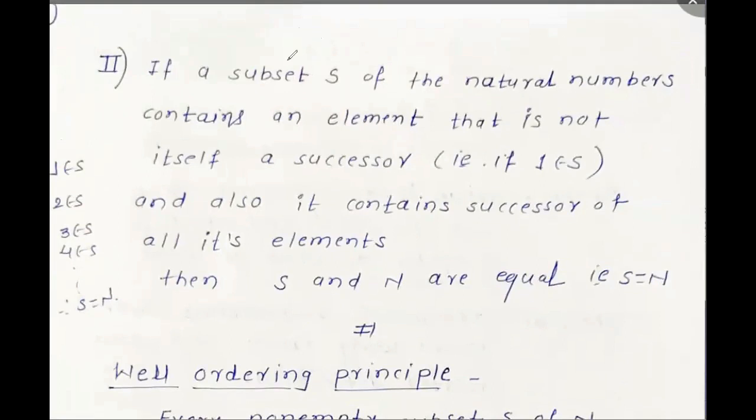Now the second axiom, a second statement about the set of natural numbers which is assumed to be true.